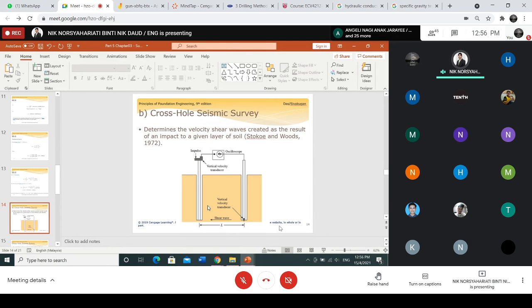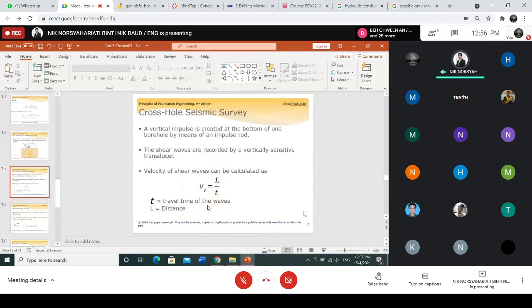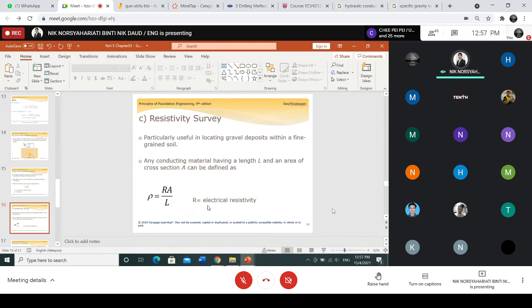Here, you need to make sure the distance is jotted down, because you need it in this equation to find the velocity of shear waves. For this part, just a simple equation is used.